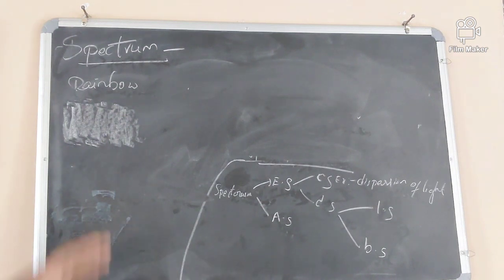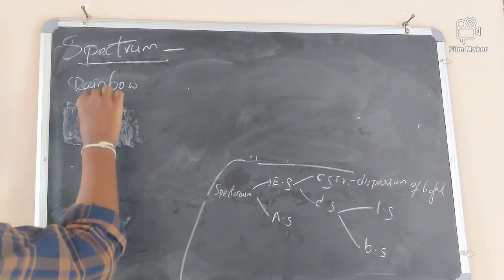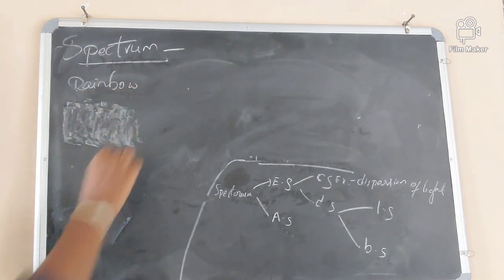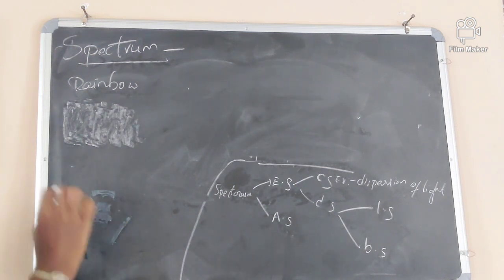All colors look like they are merged, but they do not have certain boundaries. It is not like up to violet we have one boundary, up to red we have another boundary. All colors look merged, there are no boundaries between the colors. So it is called a continuous spectrum. The best example for a continuous spectrum is the rainbow.